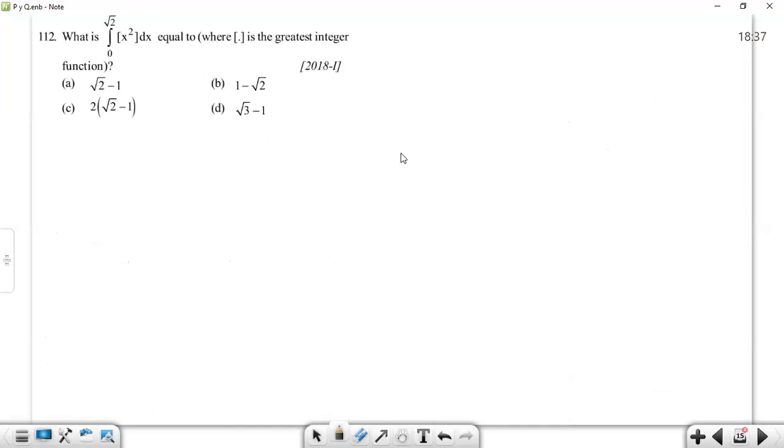Now here, as you can see, this is a greatest integer function. So let's first write our question. So 0 to root 2. Root 2 is around 1.41, right?